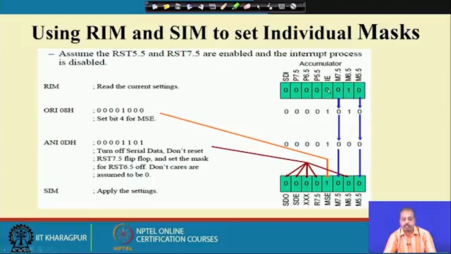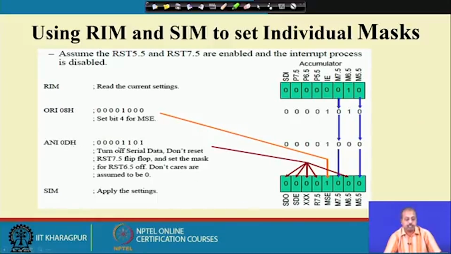After getting this pattern, we want to set a new mask. So the MSE bit will be set to 1, so we OR this content with 08 hex. This bit becomes set, and then we do an AND immediate with 0D hex.